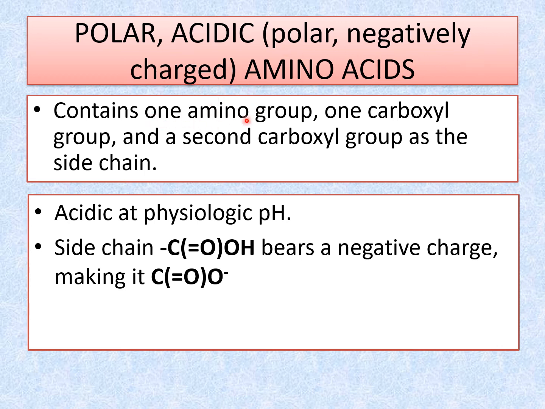The amino acids that are polar acidic contain one amino group, one carboxyl group, and a second carboxyl group as the side chain, as I've mentioned a while ago. They're acidic at physiologic pH, which means they carry negative charge. The side chain carboxyl group bears a negative charge, making it C double bond O negative. I guess you already knew this one.